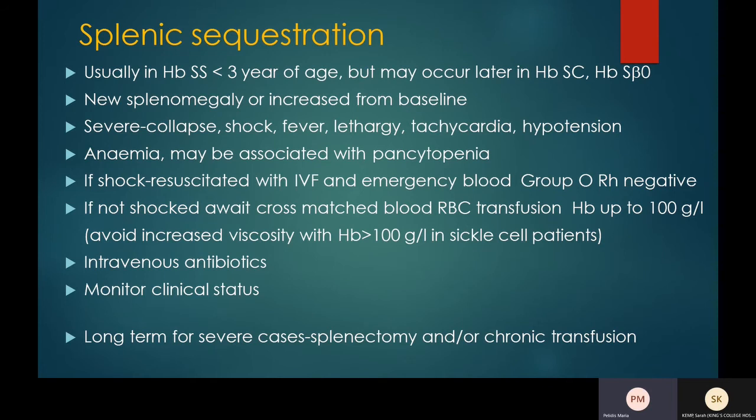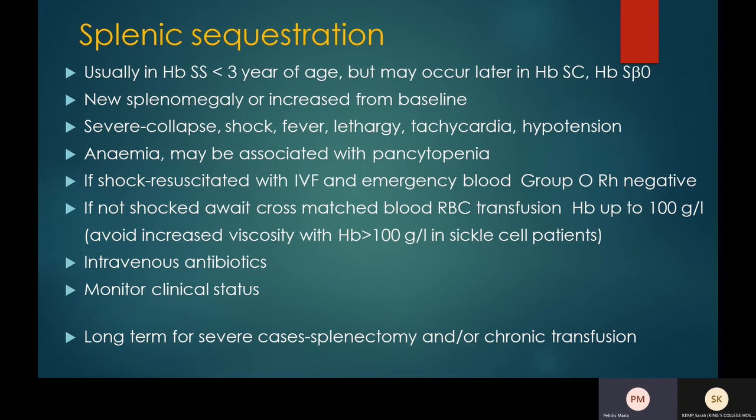Now, if they present with shock, they should be resuscitated with IV fluids and emergency blood, such as group O Rh negative. These are patients who are hypotensive and extremely tachycardic and lethargic. However, if they're relatively well appearing and they require blood transfusion, one could await appropriately matched blood to transfuse them, targeting a hemoglobin up to 100 grams per liter.